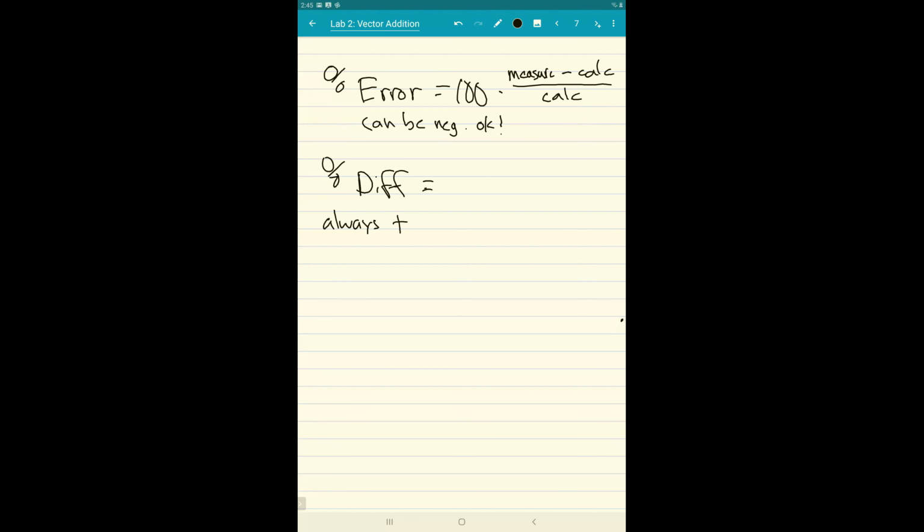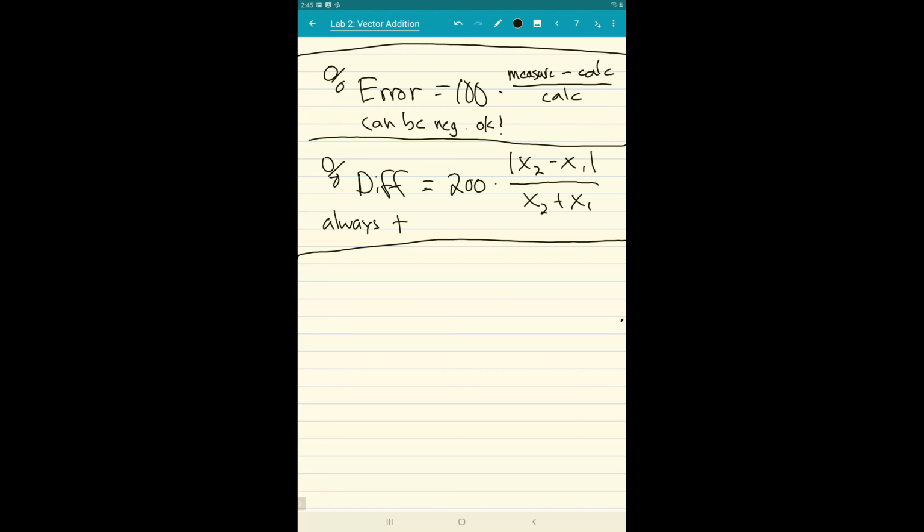So it's going to ask you to do percent differences. They say the resultant or the equilibrium vector is 290. If you were in the class, you would have measured 290. You're going to get something like 296 or 294. Do the math and figure out what it is. You're going to do a percent difference between the 290 they give you and the one that you calculated, or a percent error, depending on what they ask you for.